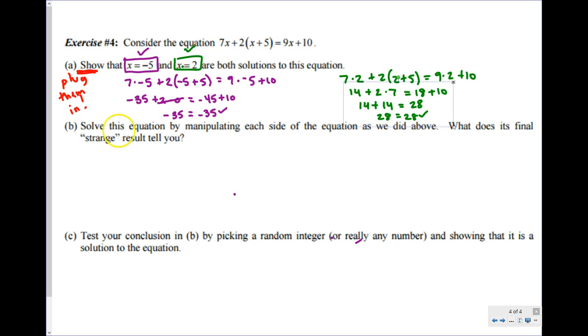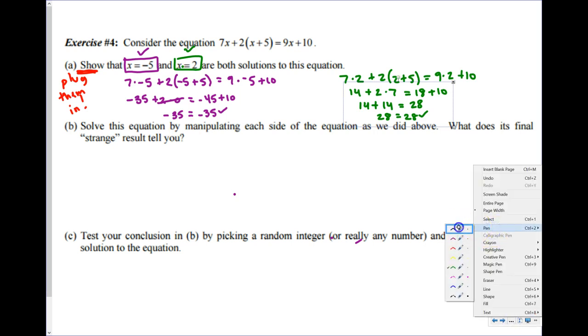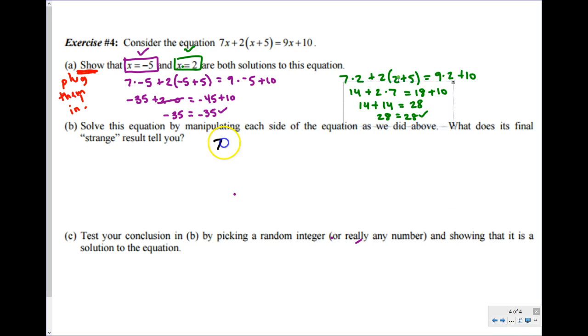Letter B says, solve this equation by manipulating each side of the equation as we did above. What does its final strange result tell you? It's weird that there are two solutions to an equation. So why don't we just take the original, 7x plus 2 times (x plus 5) equals 9x plus 10, and solve it.